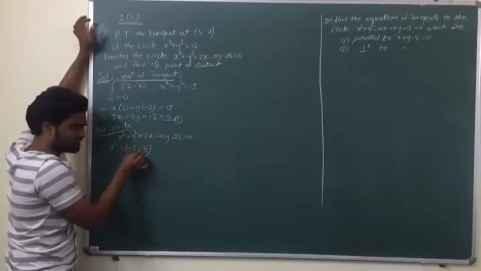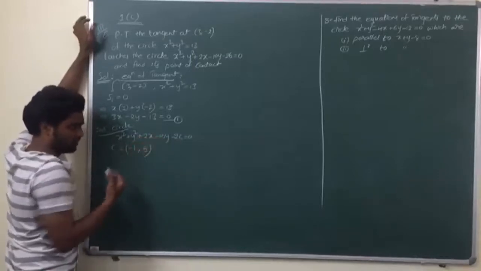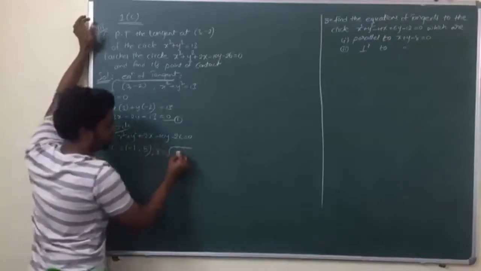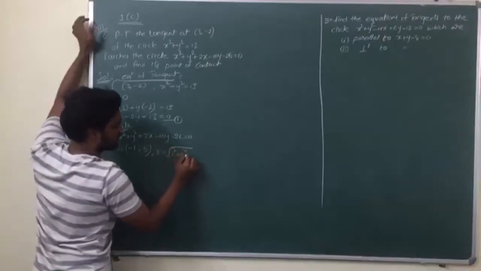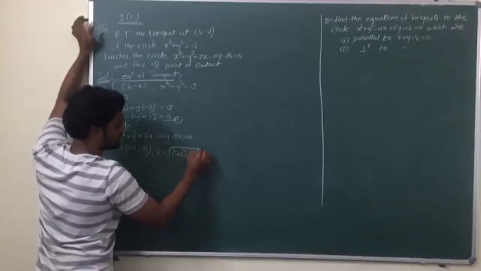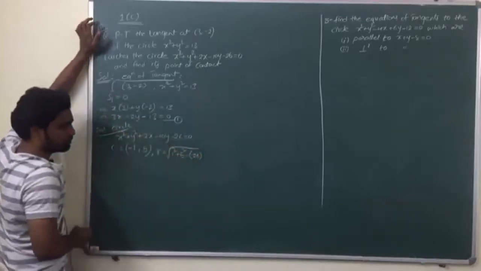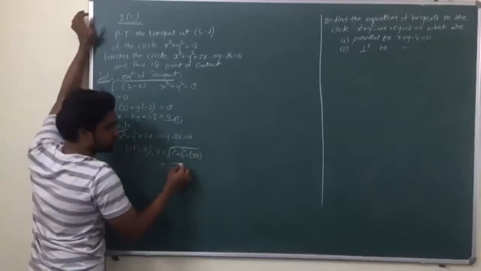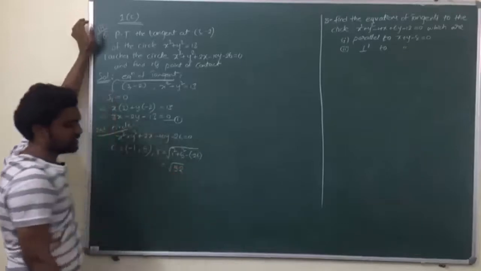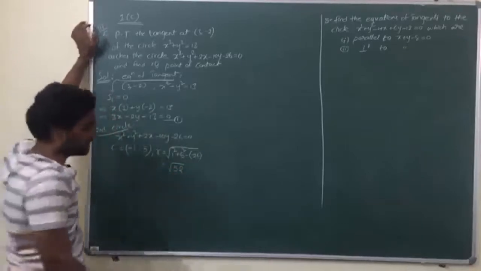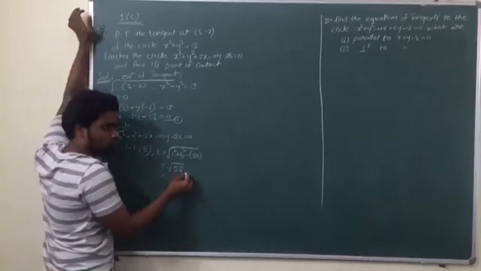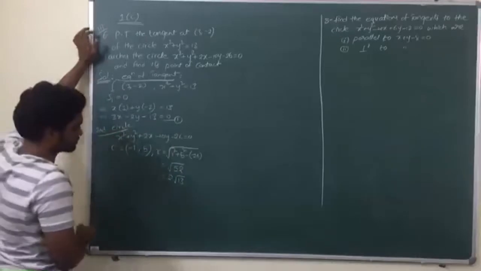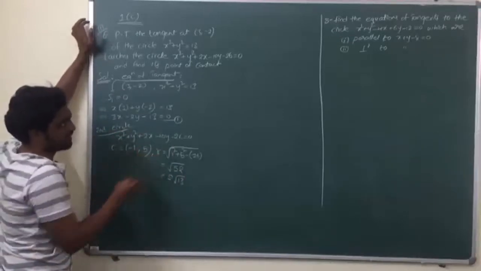Plus minus, minus plus, and then by 2: 1 by 2, 5. Radius is under root 1 square plus 5 square minus of minus 26. Minus of minus 26, 25 plus 1, 26 plus 26, 52. Radius is root 52. So root 13 into 4, which is 2 root 13. Root 4 is 2, no? So this is the center and radius.